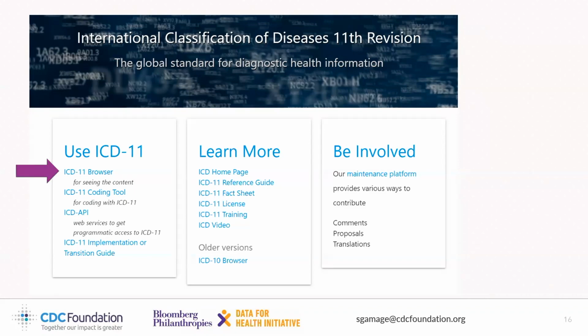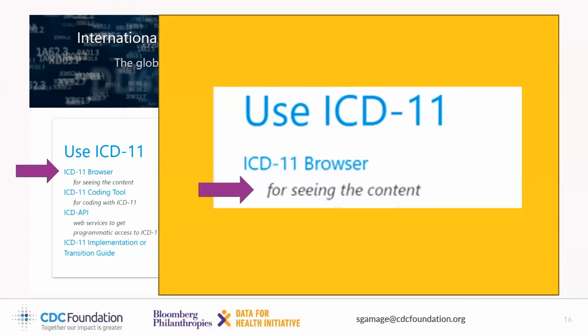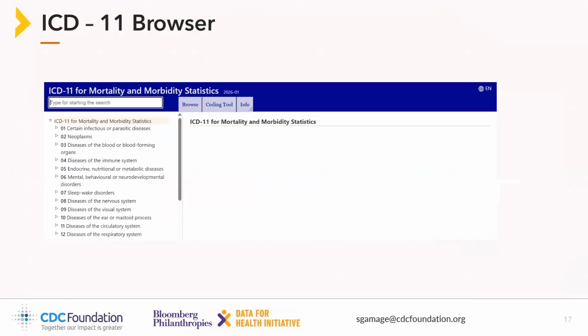So this is how you will access the ICD-11 Browser. There is a link from the home page, and the ICD-11 Browser is available for seeing the content. Remember, this is not for coding, and this is for seeing the content. So once you have opened the browser, it would look like this.